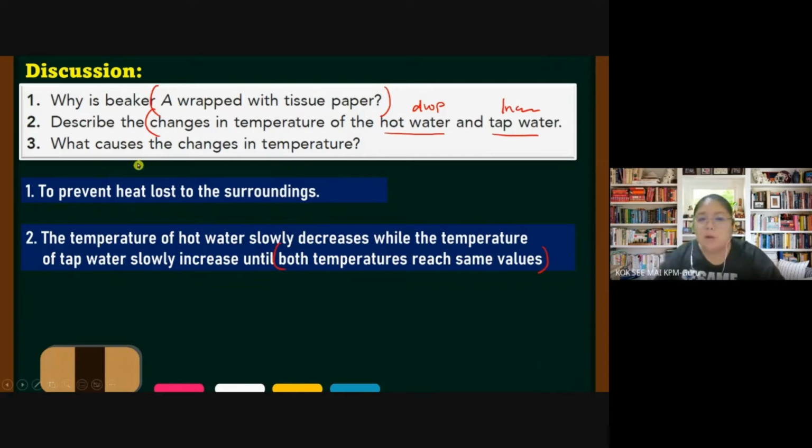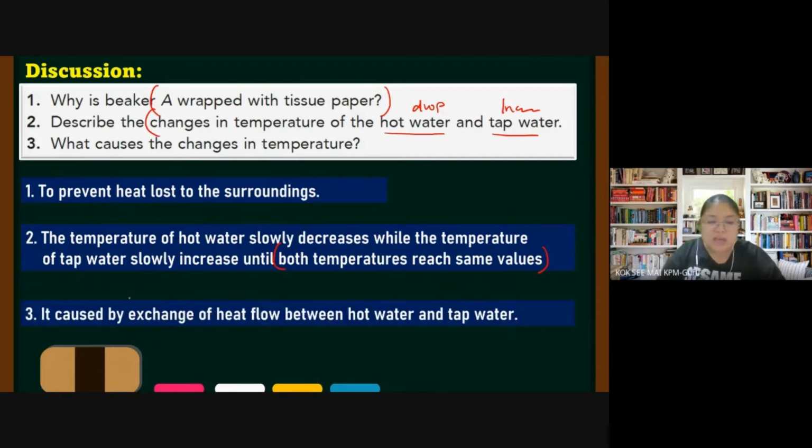Okay, what causes the changes in the temperature? The answer is exchange of heat flow. Why will the temperature go up and down? Because heat normally flows from the hot to the cool. So from here, the hot water flows heat to the cool water. So finally, the temperature changes.